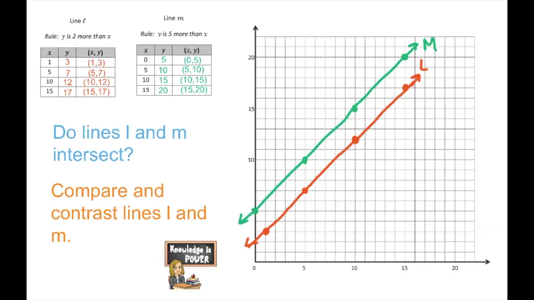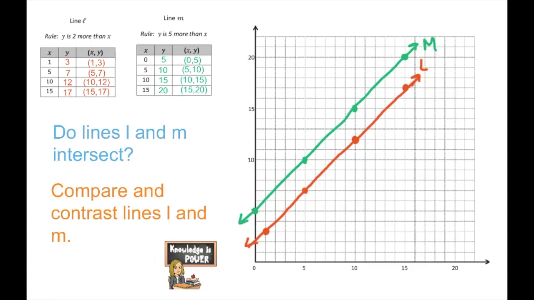I want you to look at the two rules for line L and line M. At this time, pause the video and jot down some ideas as to why line M might be higher up than line L and discuss the two rules. Once you have some ideas, jot it down. Please press play and we'll be back.